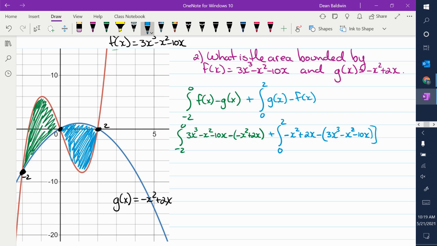Bracket, and these should all have dx's beside them. It's bad that I don't, I always forget to do that.